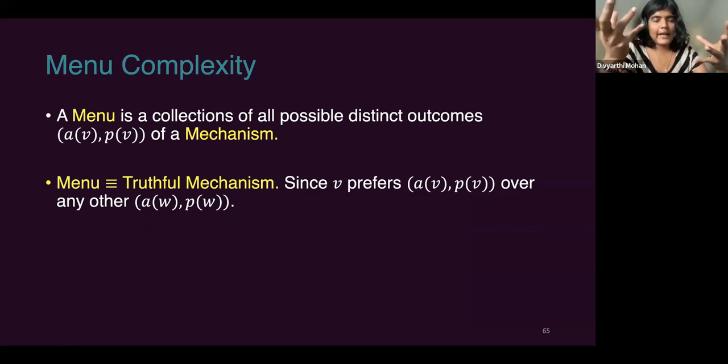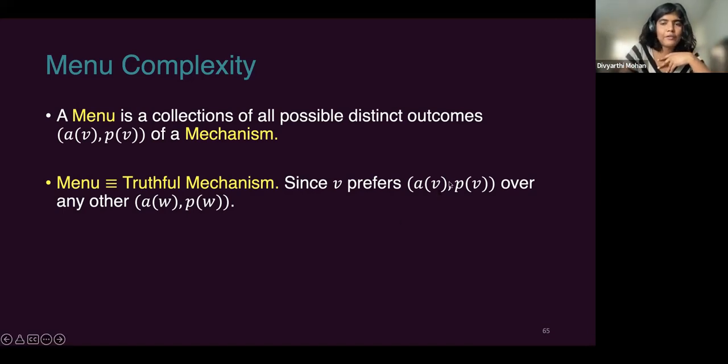Because the buyer type does not want to lie about their value. They will report truthfully. So it's the same as saying that they prefer their allocation and price over any other allocation and price. So if you list everything, they will go take their corresponding allocation and price. The main thing to remember is that a menu is equivalent to truthful mechanisms.